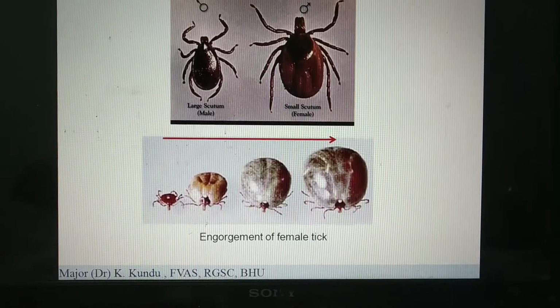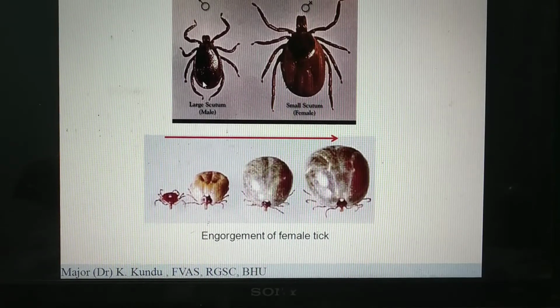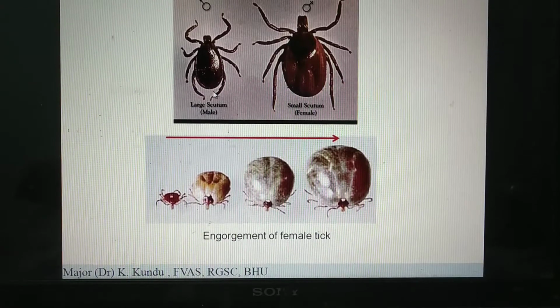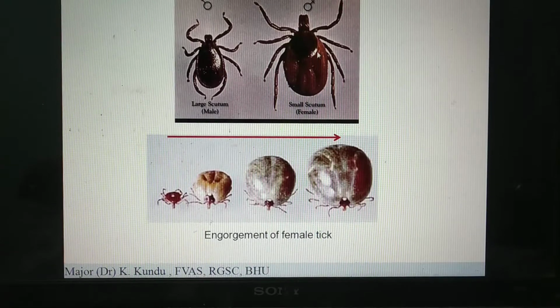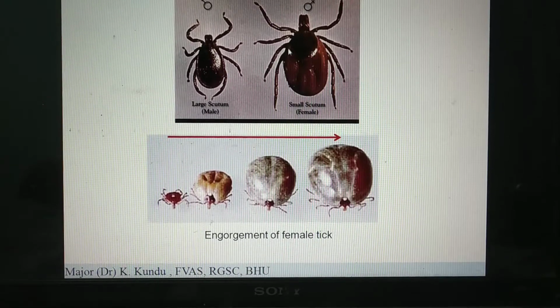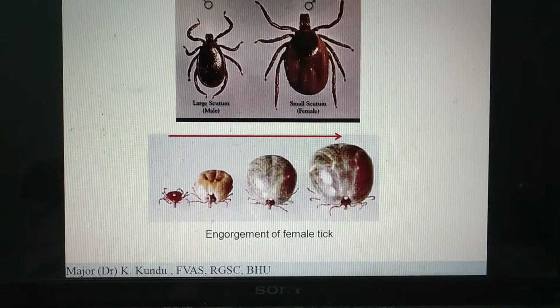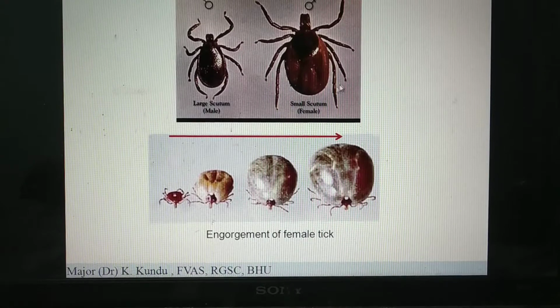It covers the entire body, excepting just posterior to the capitulum. Whereas in the case of females, the scutum is partial, so it just covers a small portion. Why is it so? It is because the female ticks have to engorge during a blood meal, and you can see the engorgement.